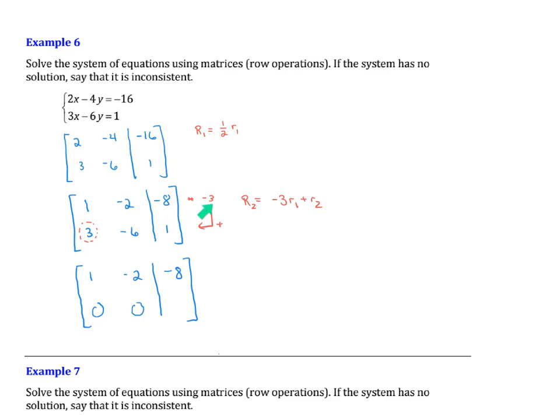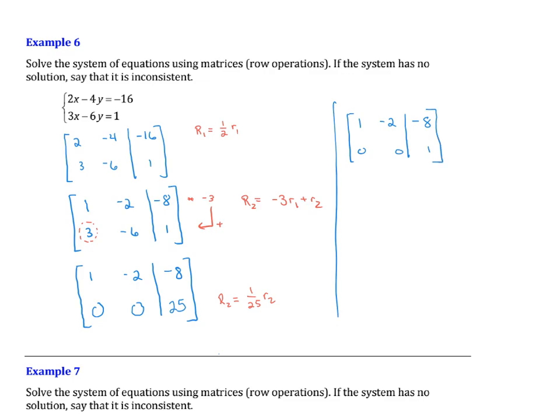Negative 8 times negative 3 is 24, plus 1 is 25. Now if we multiply row 2 by 1/25, this is going to give us 1, negative 2, negative 8, 0, 0, 1.